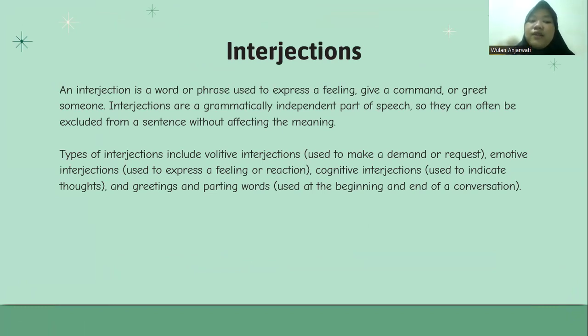And the types of interjection include volitive interjection, used to make a demand or request; emotive interjection, used to express a feeling or reaction; cognitive interjection, used to indicate thoughts; and greetings and parting words, used at the beginning and end of a conversation.